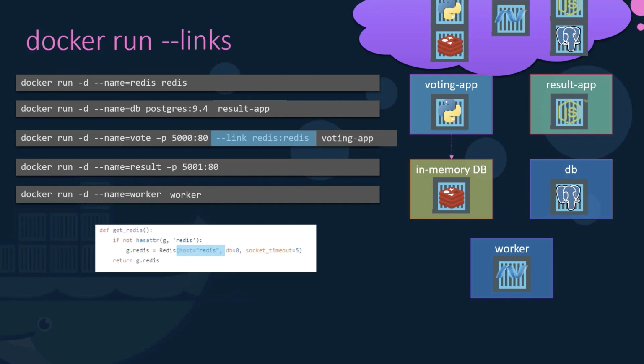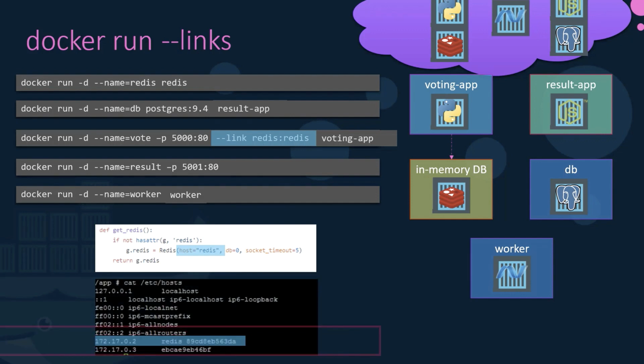Remember that this is why we named the container when we ran it the first time, so we could use its name while creating a link. What this is in fact doing is it creates an entry into the etc host file on the voting app container, adding an entry with the host named Redis with the internal IP of the Redis container.